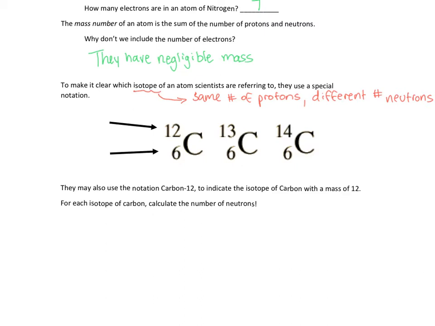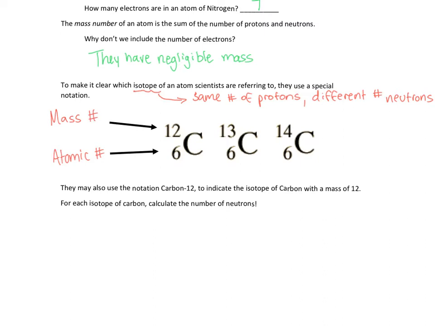Okay, so if they're the same number of protons, they are the same element. So you've got to think, okay, if I'm changing neutrons, what am I really changing? Neutrons are neutrally charged, so are you changing the charge? No. But neutrons do have mass, so you're really just changing the mass on them. So essentially, if you have different isotopes, you can use a certain symbol to kind of denote which kind of isotope you're talking about, where the bottom symbol is the atomic number and the top symbol is the mass number.